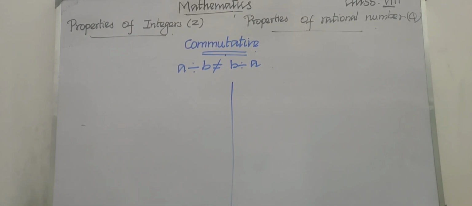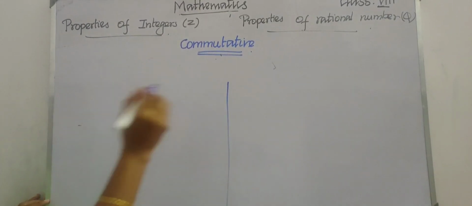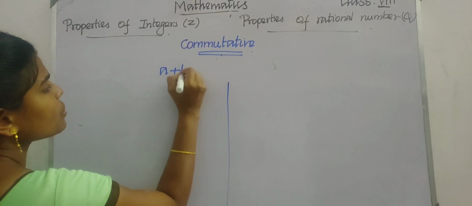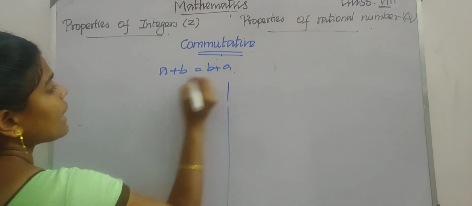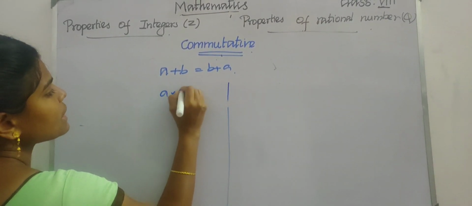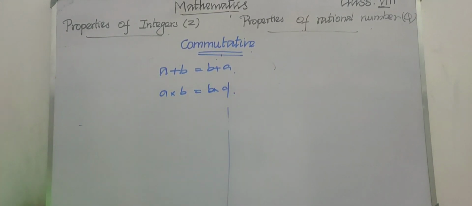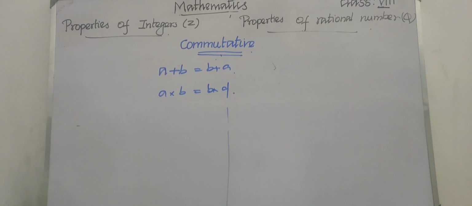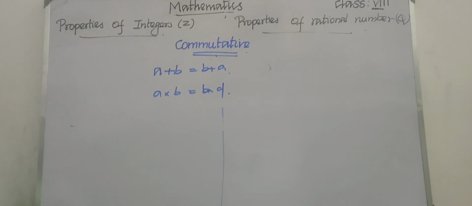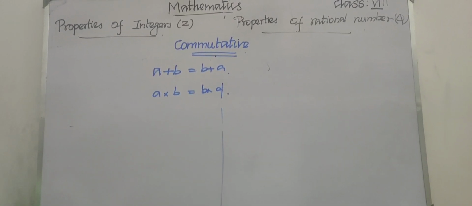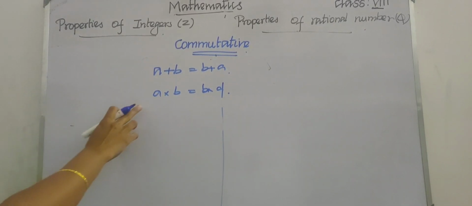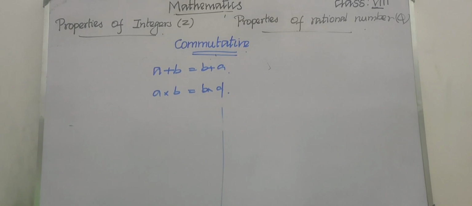So we can say only the commutative property of addition and the commutative property of multiplication are possible. Simply, the commutative property for addition is possible, and also for multiplication of rational numbers. Okay children, can you all understand?